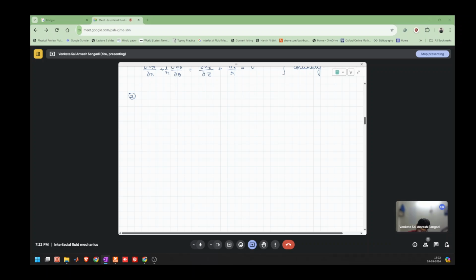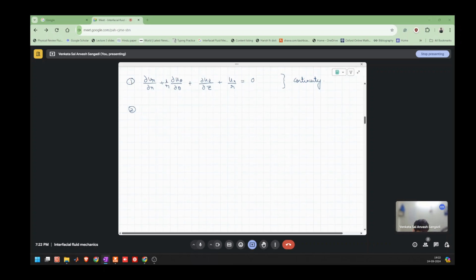Then we have the momentum equation: del u r by del t plus u r del u r by del r plus u theta by r del u r by del theta plus u z del u r by del z minus u theta square by r is equal to minus 1 by rho del p by del r. And the viscous terms are neglected.